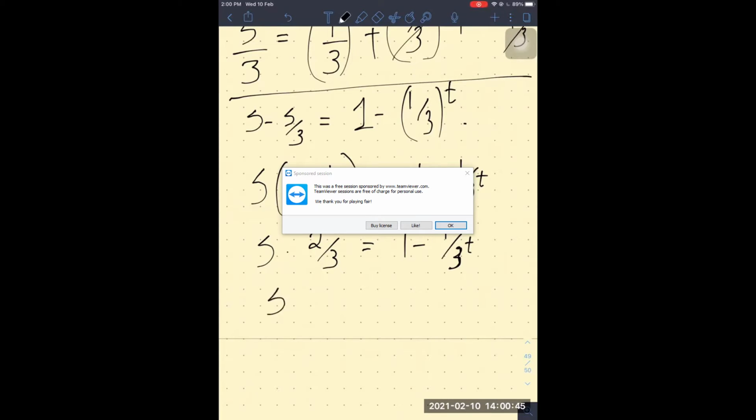So we can write s is equal to 3 over 2 of this entire thing, 1 minus 1 over 3 to the power t.